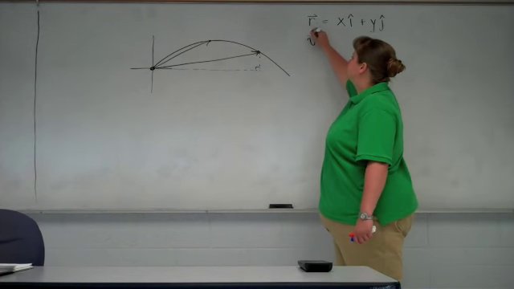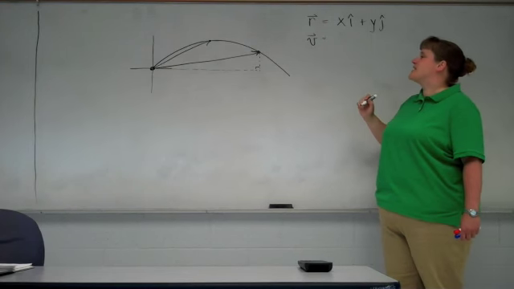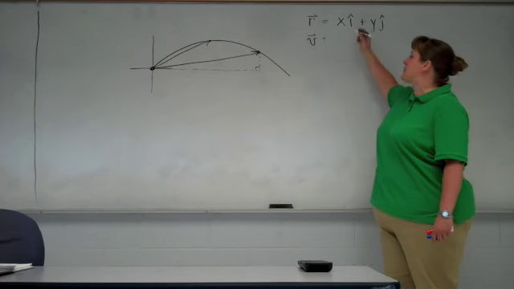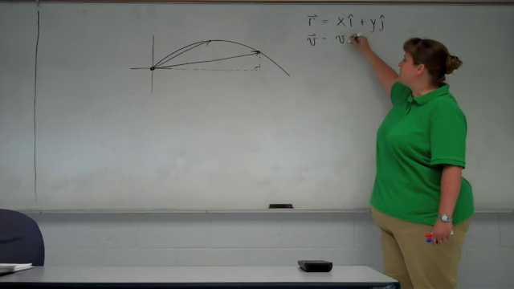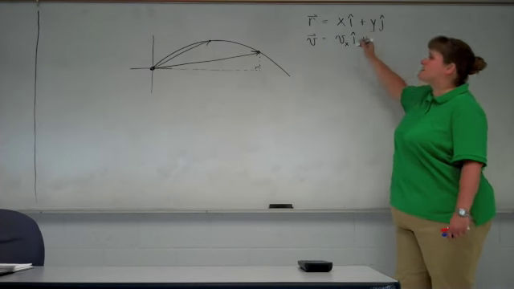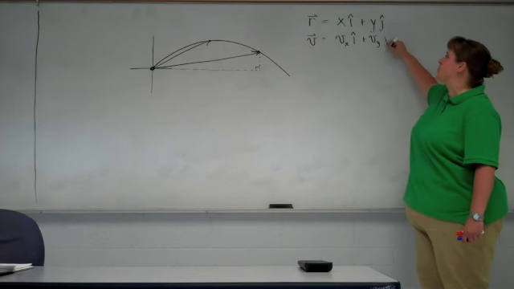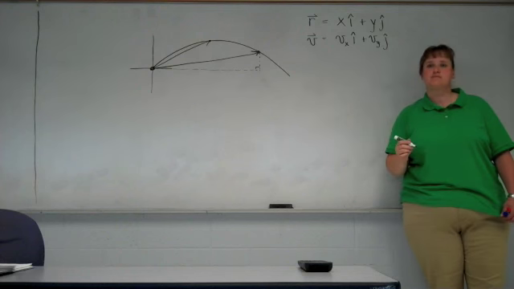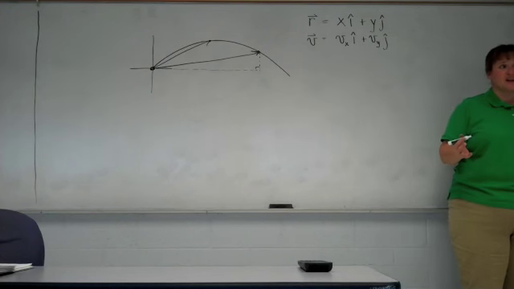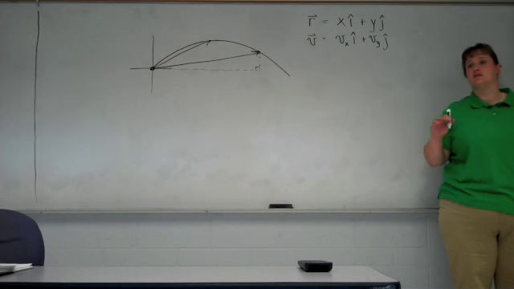Velocity. To represent the x component of our ball's velocity, we'll use a v with the subscript of x on it. To represent the y component of the velocity, we'll use a v with the subscript of y on it. So v still means velocity, but the subscript is going to tell us which component.